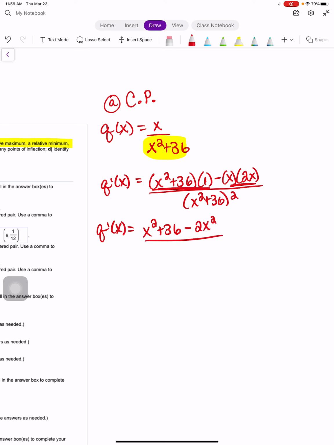And in the denominator, that gives me x squared plus 36 all squared. And if I simplify that, what will that give me? That would give me a negative x squared plus 36 all over x squared plus 36 all squared.